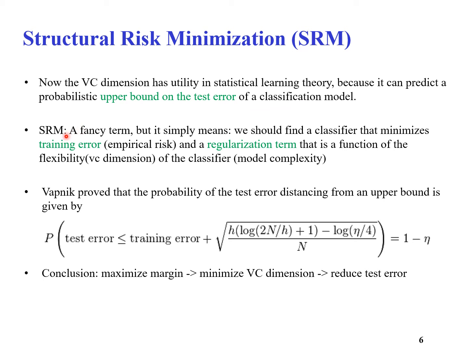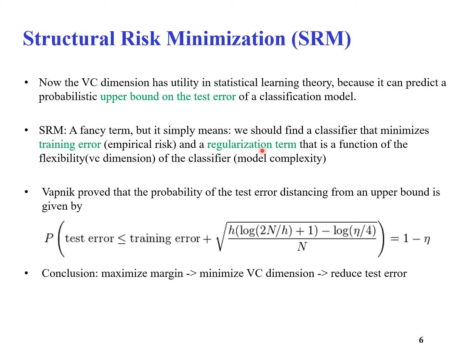Okay, and SRM represents structural risk minimization. Basically, what SRM means is that when you train a classifier, you should minimize two things. The first one is training error. That's obvious, okay? And the second thing is you should also minimize what is called the regularization term.